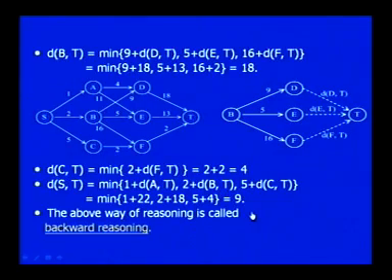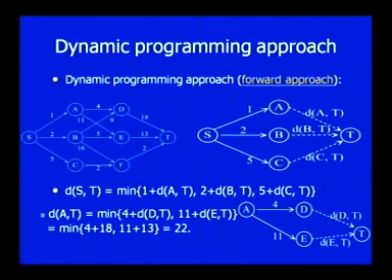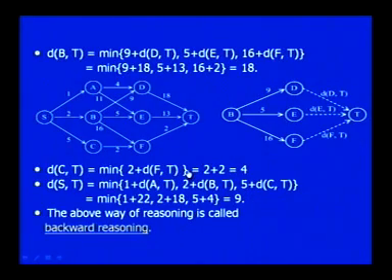So, if you take this particular example, you can see very well the minimum is going to be d of c comma t, because if you take all the minimum, you can see very well the minimum is going to be 9. And what vertex gave you the minimum, what decision made you to get this minimum?